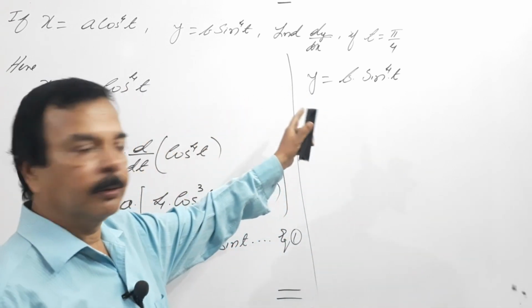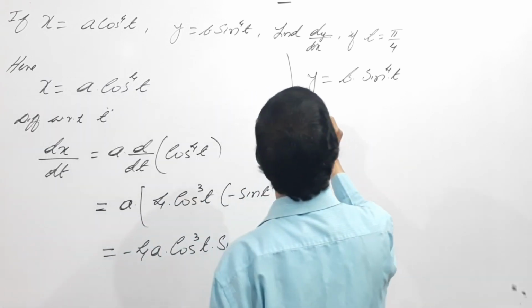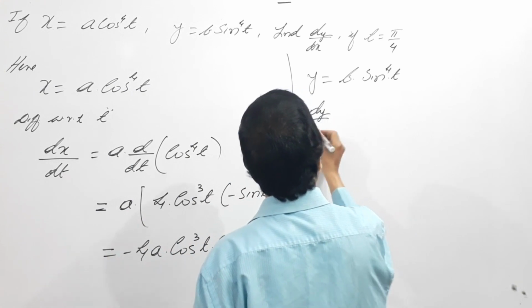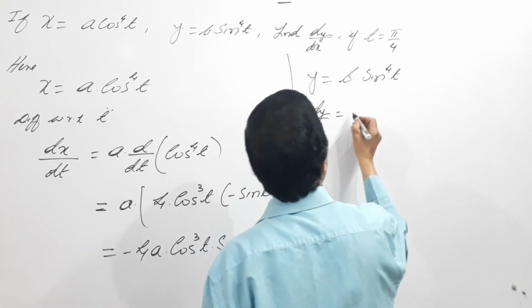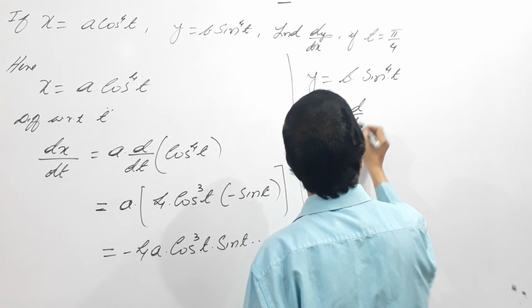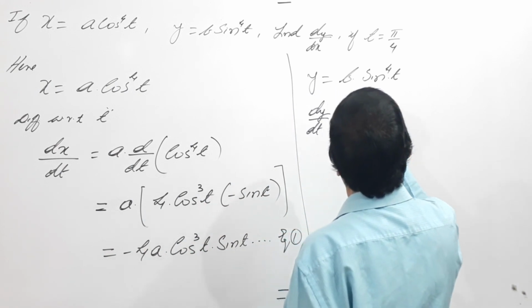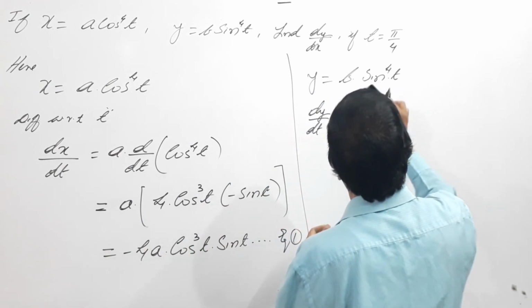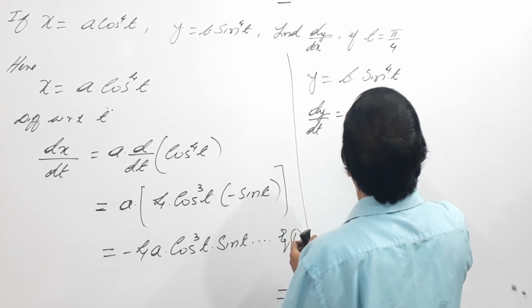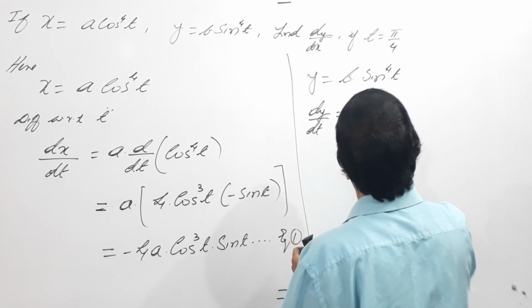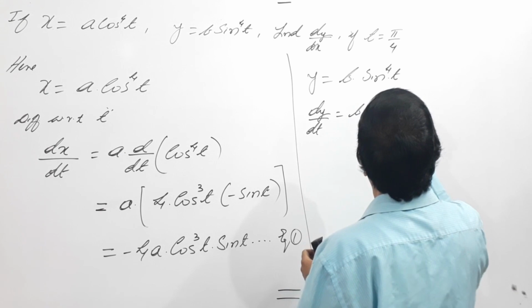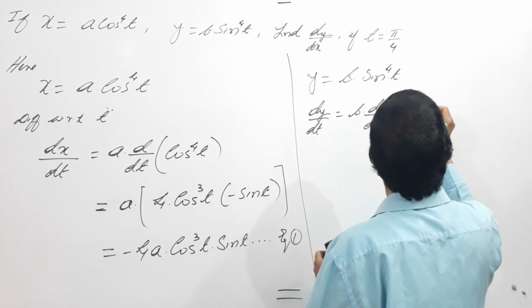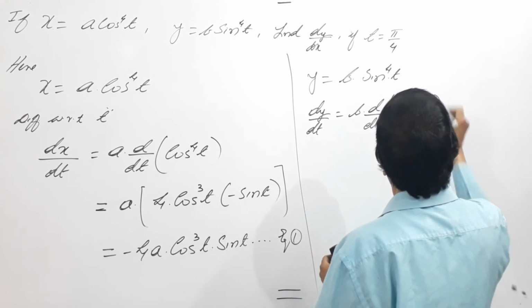Differentiate this with respect to t, dy by dt equals b outside, b into d by dt of sin to the power 4 t.